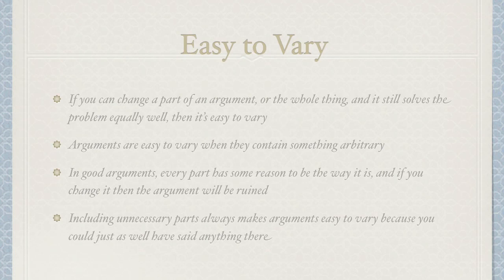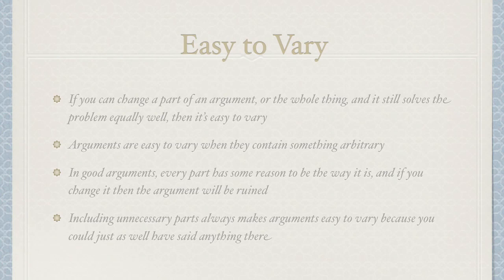Some arguments are easy to vary. That means you can change them, and they still solve the same problem they were solving before, and they do an equally good job of it, even though you changed part of it. So that means part of the argument wasn't really important. You can change it, it still works just as well. That can happen if part of the argument is unnecessary, because then you could change it to absolutely anything, and it wouldn't really matter. It also works if part of the argument is arbitrary.